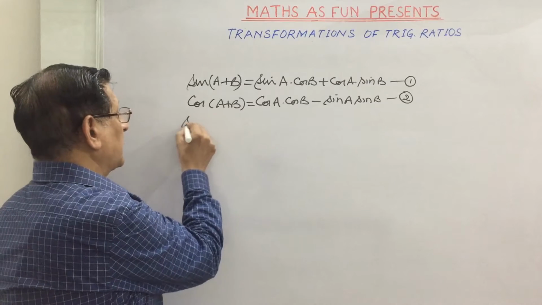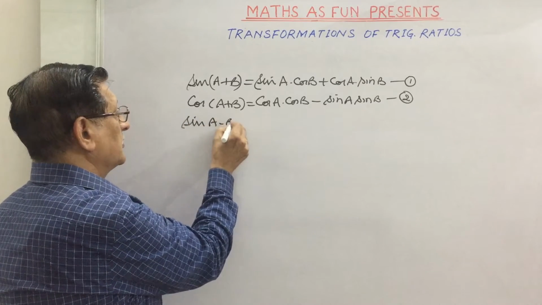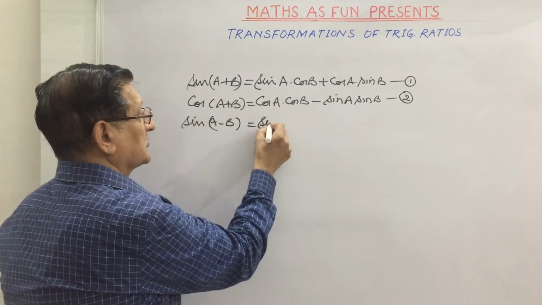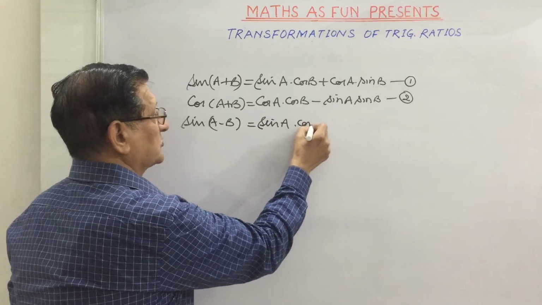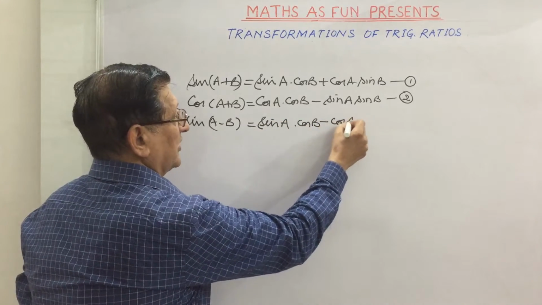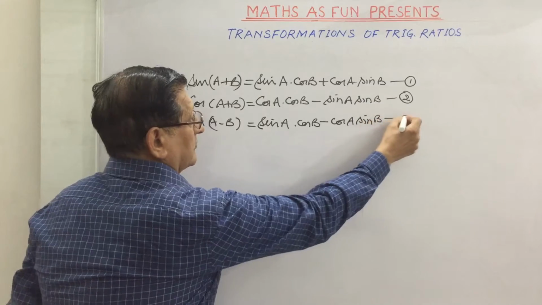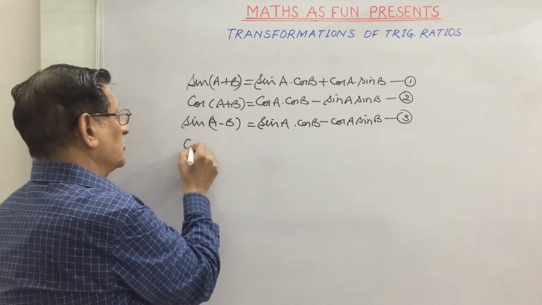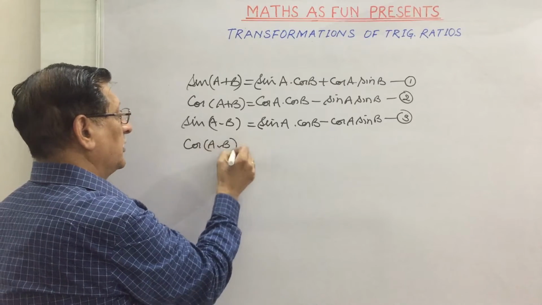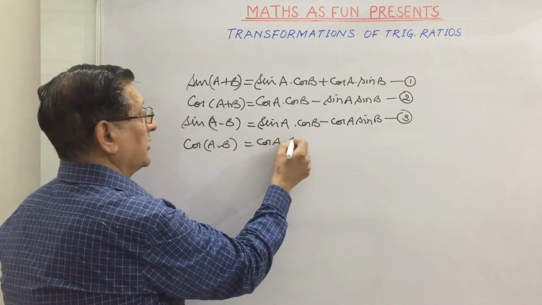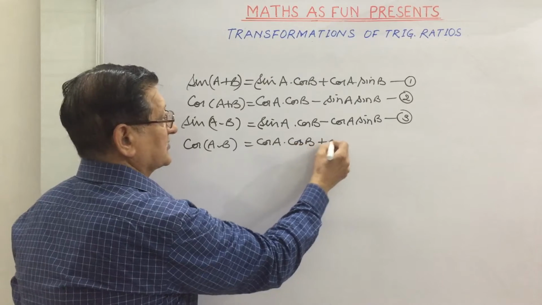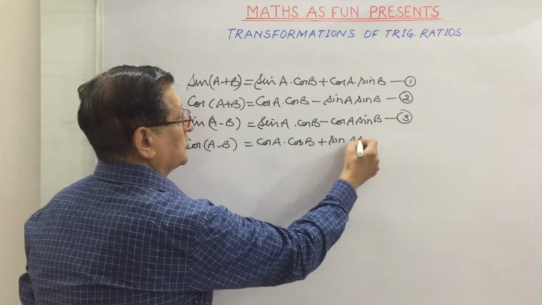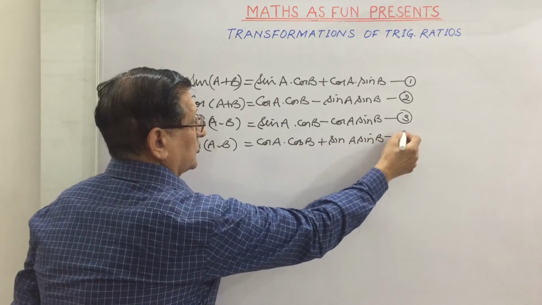Third, we have sine of A minus B, that is sine A into cos B minus cos A into sine B. This we can write as third. Next, cos of A minus B is cos A into cos B plus sine A into sine B. This is the fourth one we can write.